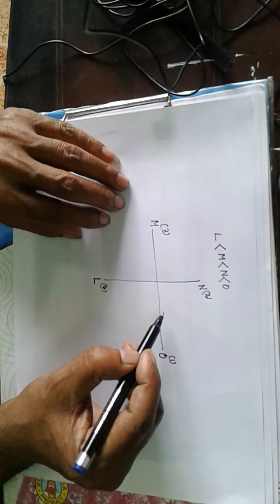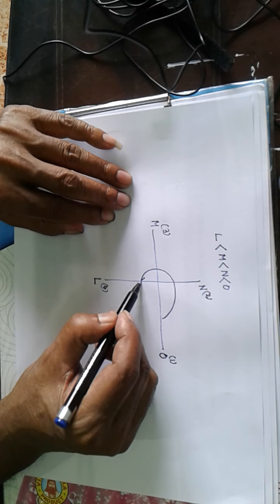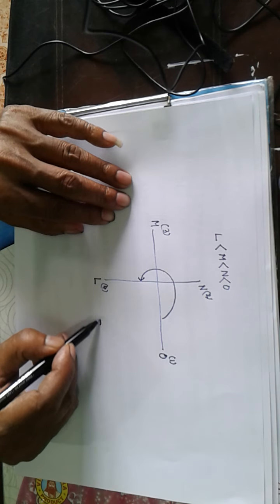Then the arrangement of groups 1, 2, 3, 4 is in the anti-clockwise direction, so that this is S.